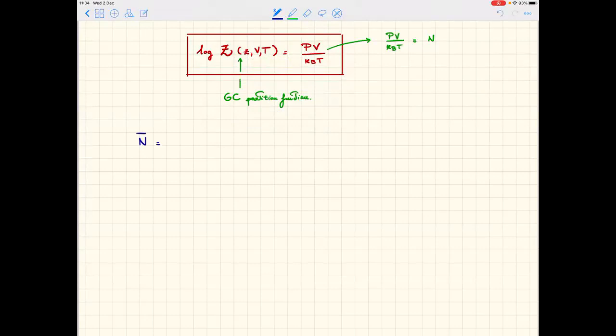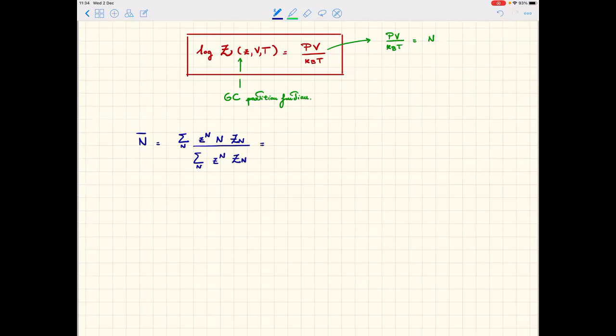The average number of particles is equal to the sum over n of n z^n Zn divided by the sum over n of z^n Zn.